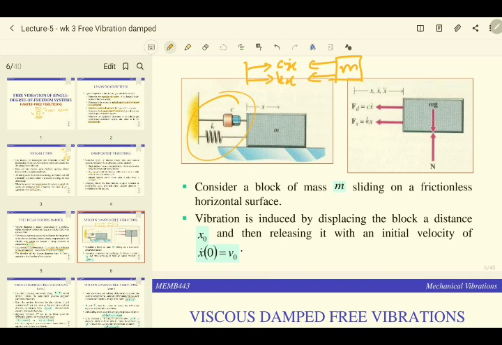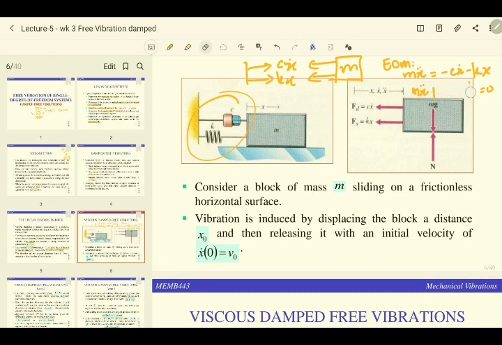Then you write your EOM based on the mass. Here you have m x double dot equals the summation of forces, which are your c x dot and kx, basically in the opposite direction of your x. So you have negative c x dot and negative kx. That's how you get m x double dot plus c x dot plus kx equals 0.